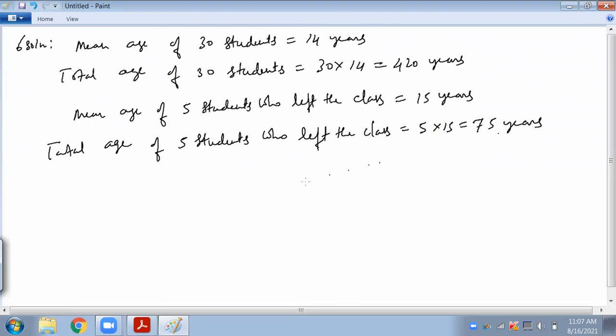So we now know the total age of the 5 students who left the class. From this, we can find the total age of the 25 students who are left behind.